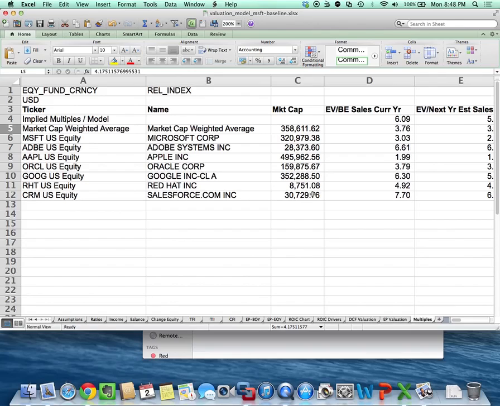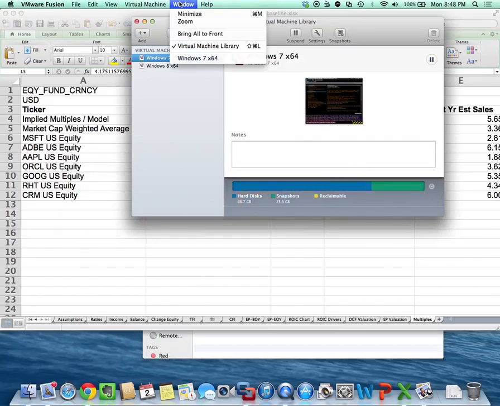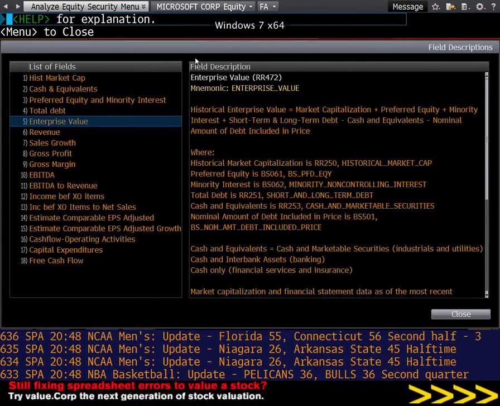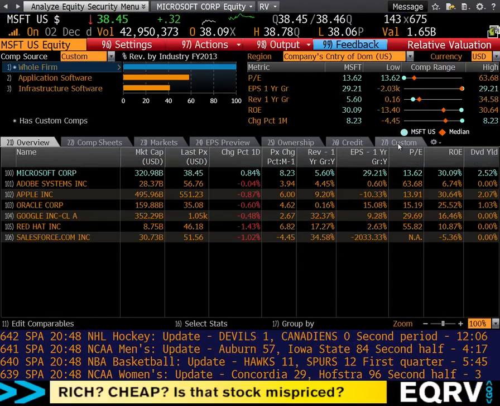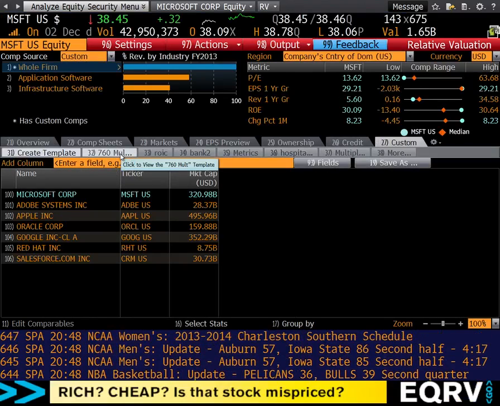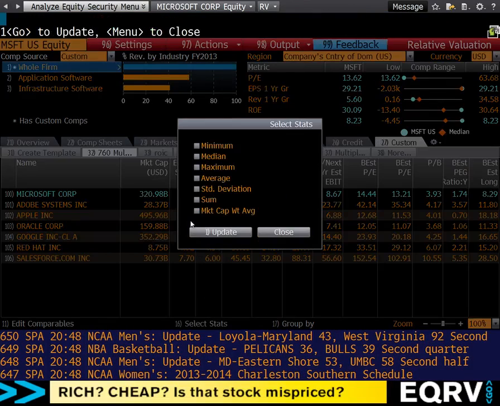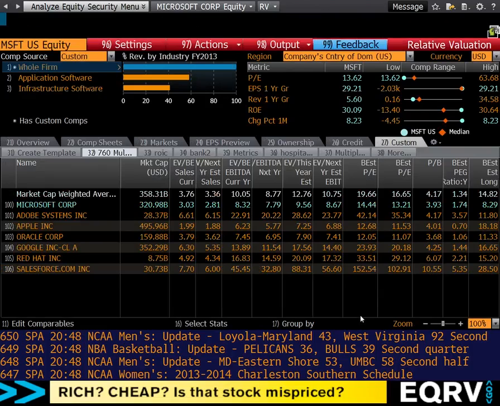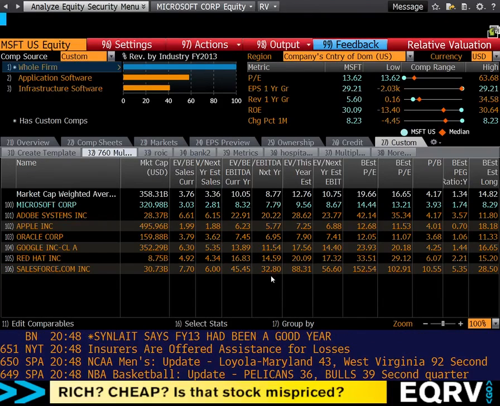Right? So let's go back to this list, and it'll probably be easier to see in Bloomberg. If I go back to Microsoft and go back to our implied multiple list that we were looking at, just so it's easier to see all on one screen, and I add back the market cap weighted average, the point is the average firm is trading at an EV to EBITDA of 9, and there are some companies that are trading as high, Salesforce at 32.